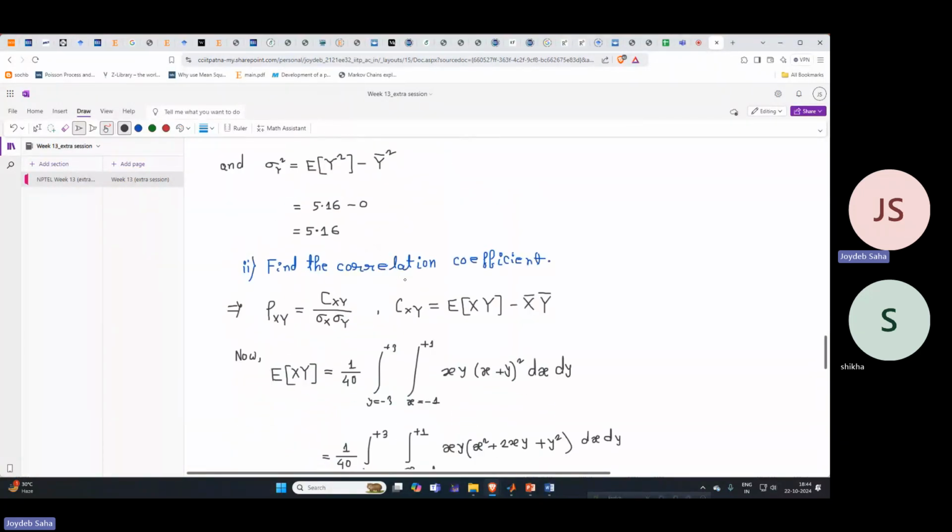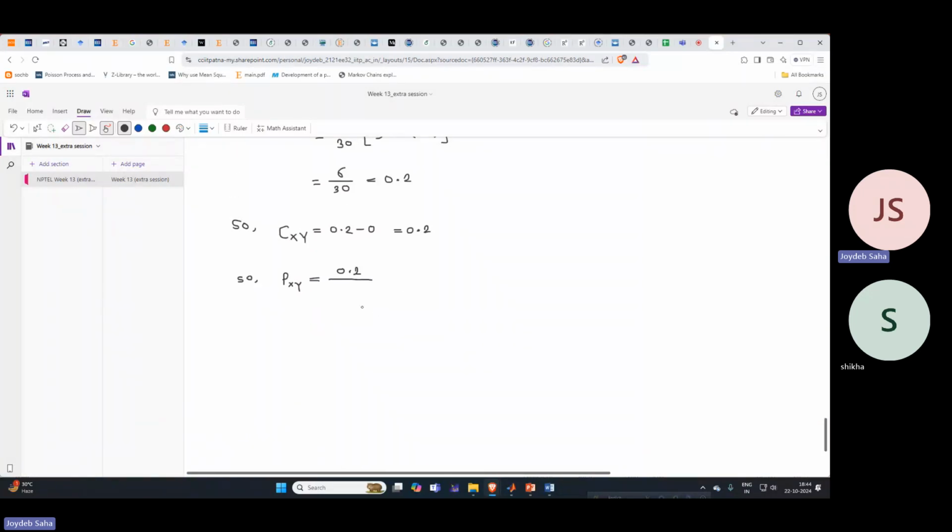Rho x is root of 0.36, right? 0.36 multiplied with 5.16.